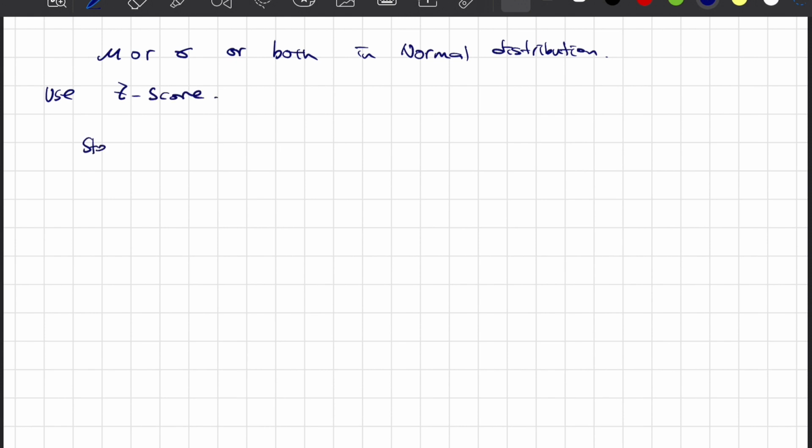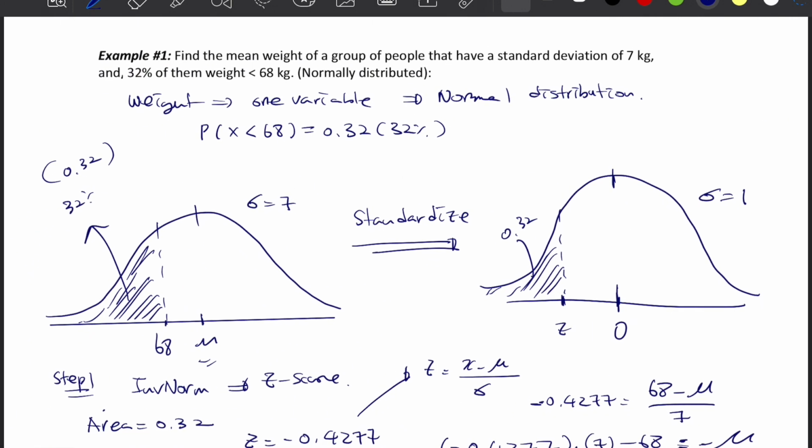Step 1 of this process will be finding your z-score using mean value equal to 0 and standard deviation value equal to 1. This means you don't always have to draw the graph like in example number 1.